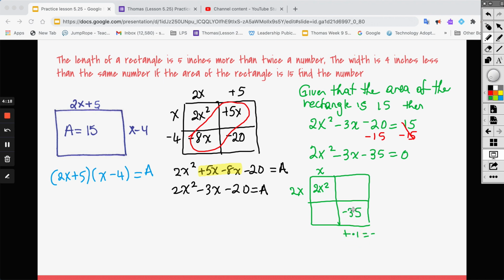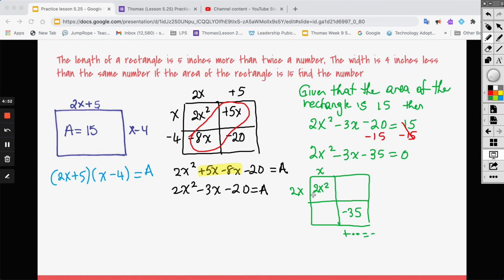So what are the factors of a negative 35, which when we multiply will give us a negative 35, but when we add them will give us a negative 3? That is the question that we need to answer in this particular case.